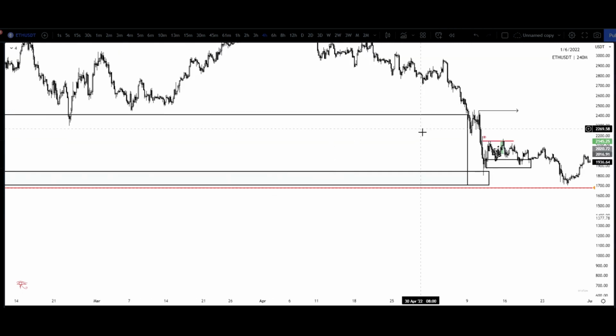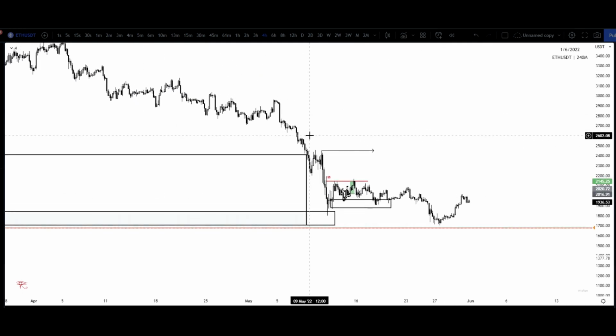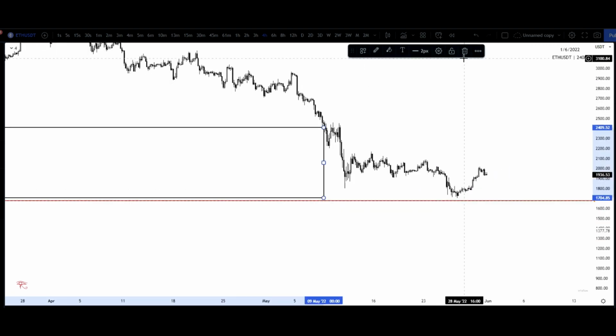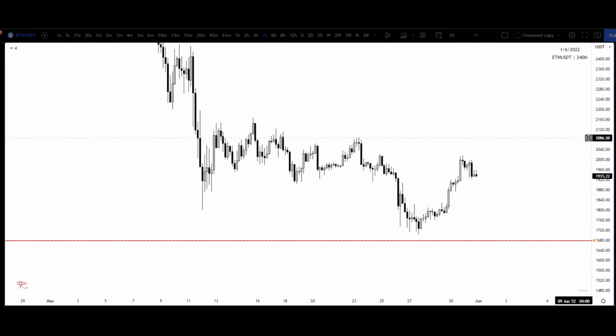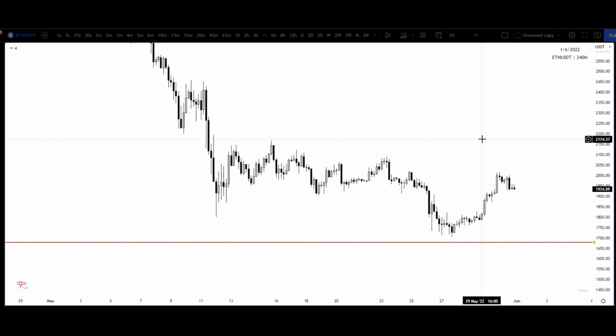So let me go ahead and get all of this out of here. And then we'll talk about the analysis of this range and where we saw that market structure shift, right?